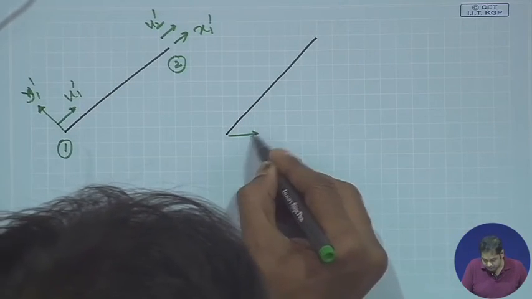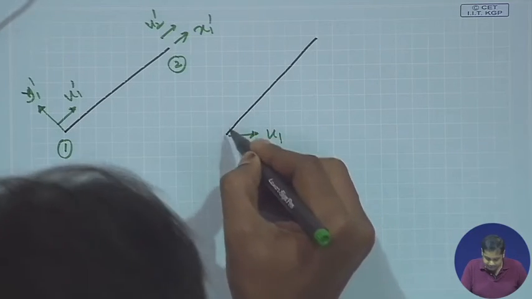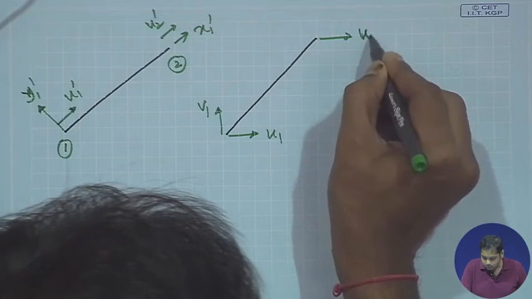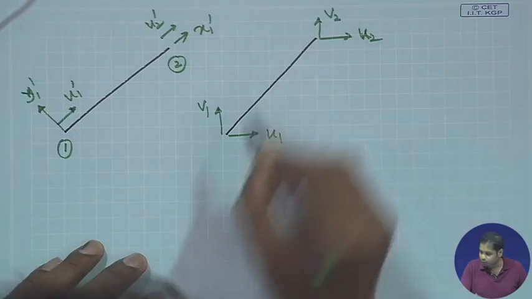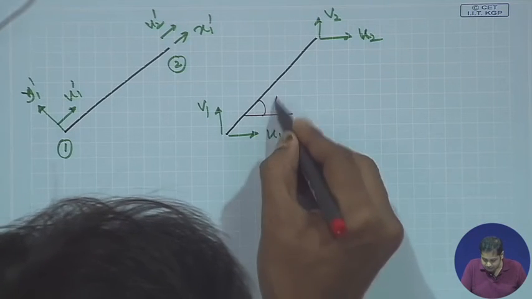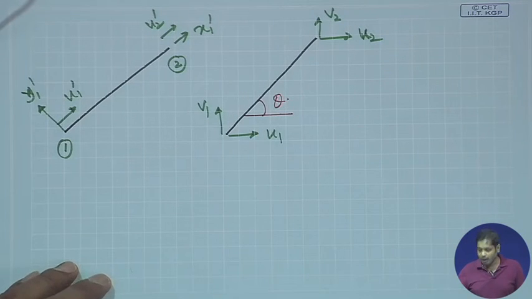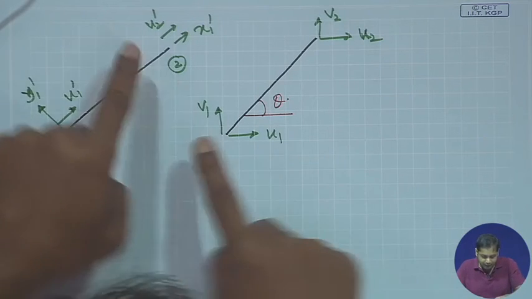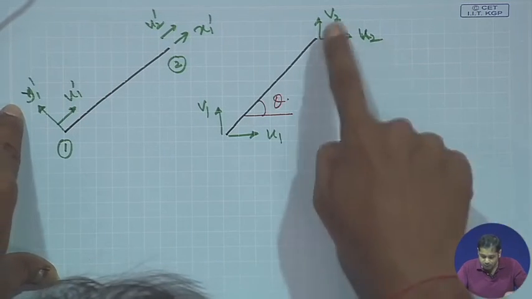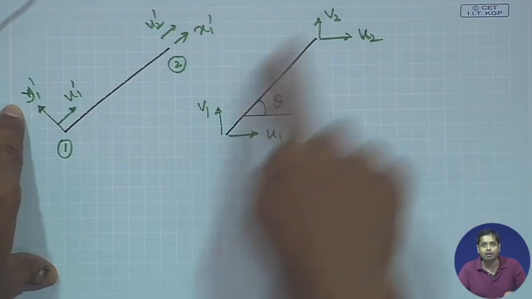This is U1 and say it is V1, this is U2 and this is V2, and suppose this angle is theta. Now, what do we have to transfer? We have to write this U1 dash and U2 dash in terms of U1, V1, U2, V2.